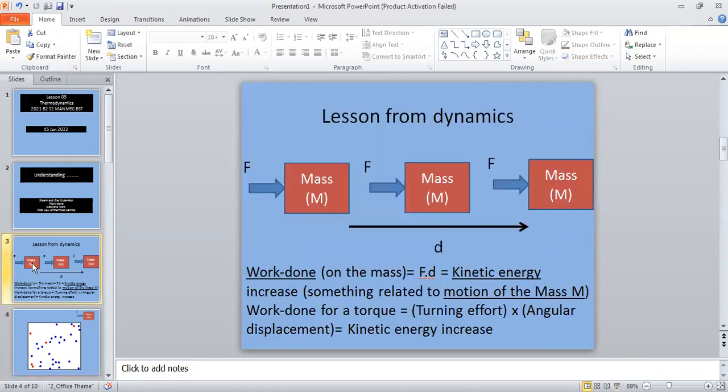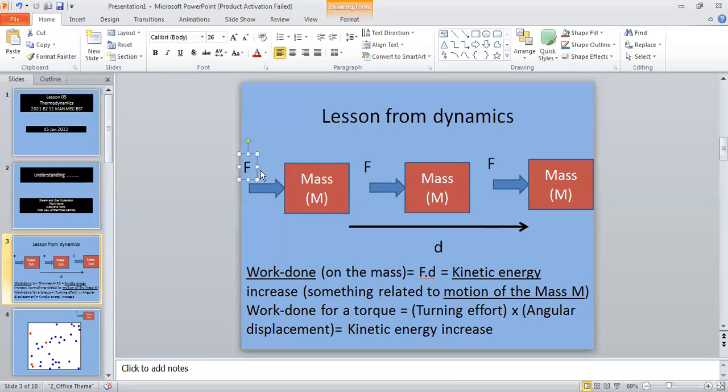So back to the previous. Here, you are energizing this mass by applying the force, so the velocity changes, because there is a change in kinetic energy. We have a velocity, let's say V1.